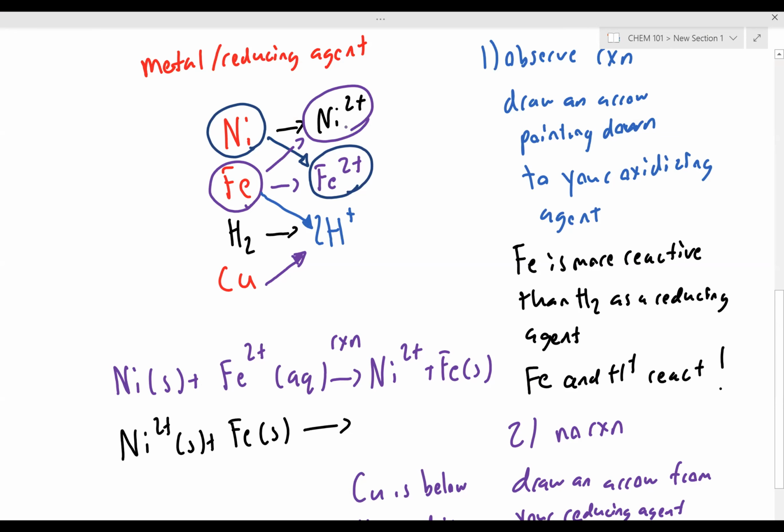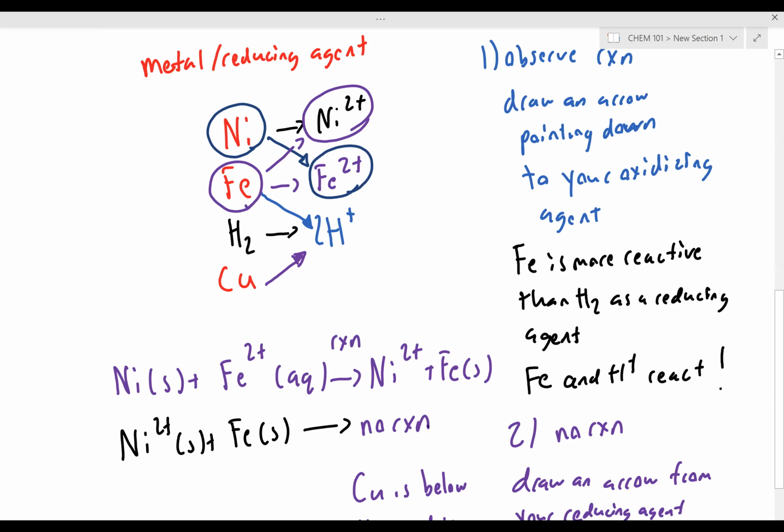And my question to all of you is, is nickel 2+ higher or lower on the activity series? Higher, right? Is our arrow pointing up or down, from iron to nickel, from left to right? Up. So then, if our arrow is pointing up, what can we conclude? Would we expect a reaction to occur? No. So we'd expect no reaction to occur.